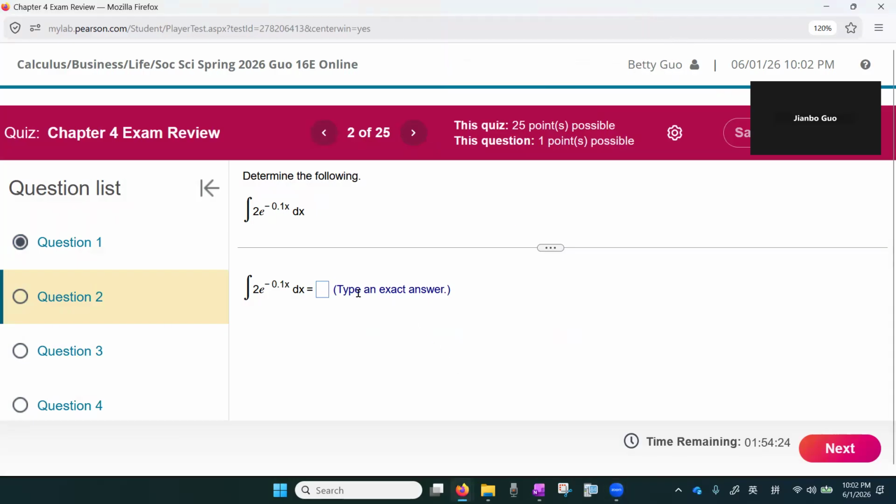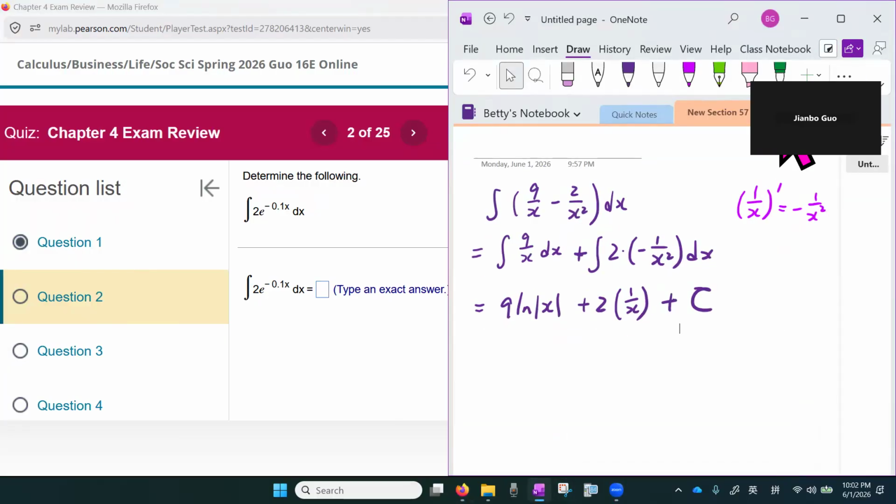Okay. Question number 2. Take the integral of 2 times e to the power of negative 0.1x. Which function has a derivative that gives e to the power of kx? It is e to the power of kx over k, all right?